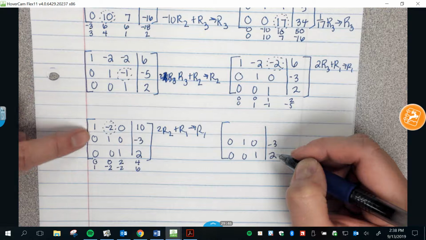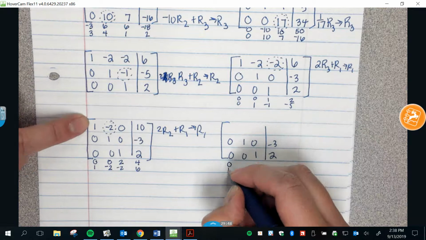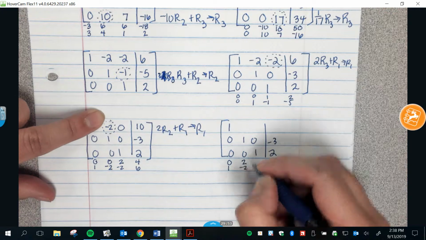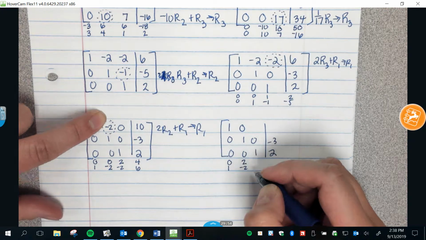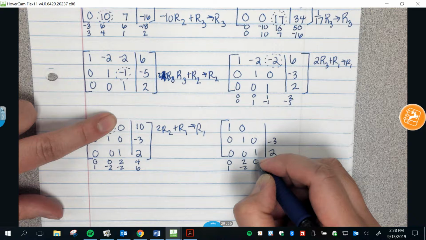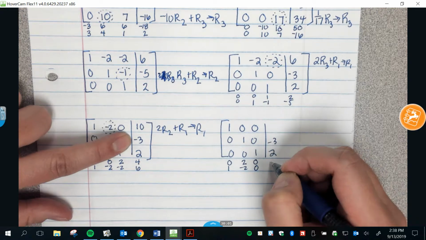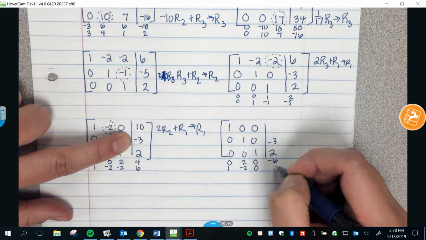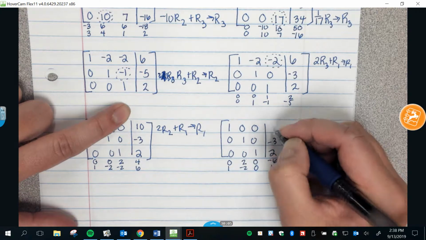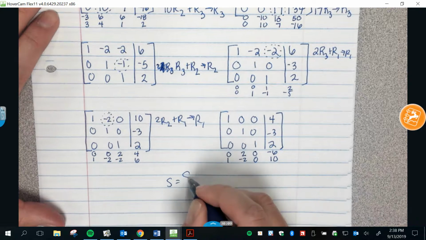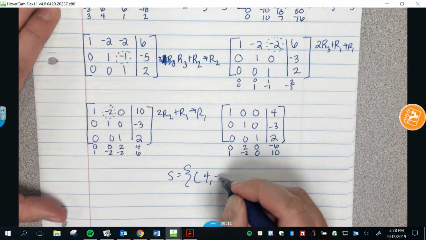All right, 2 times row 2. 2 times 0 is 0, plus 1 is 1. 2 times 1 is 2, plus negative 2 is 0. 2 times 0 is 0, plus 0 is 0. 2 times negative 3 is negative 6, plus 10 is 4. We're done. All right, what's the solution? 4, negative 3, 2.